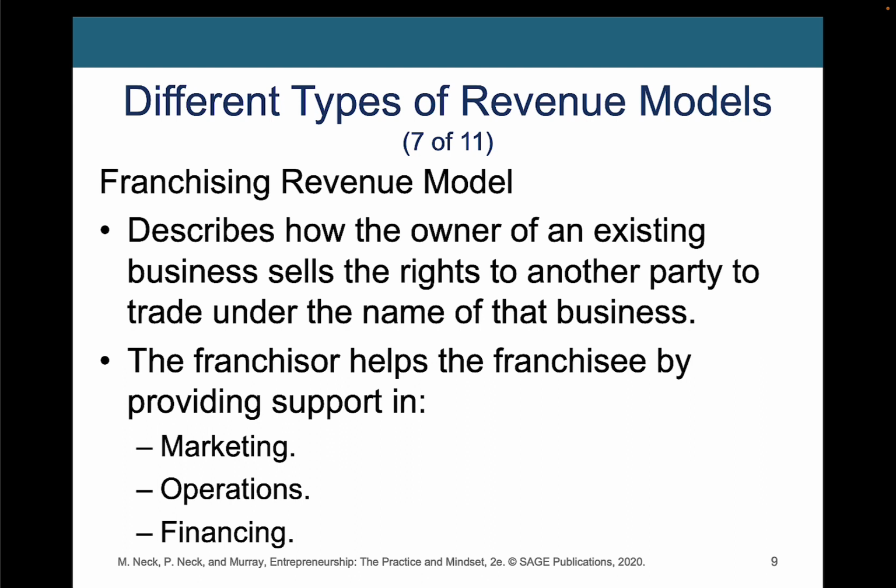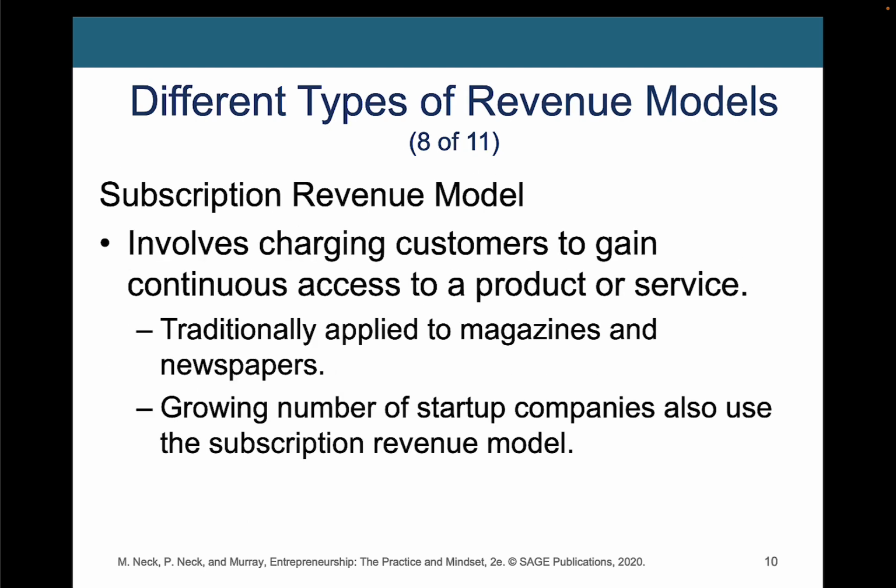The franchisor helps the franchisee, providing support, marketing, operations, and financing to put up the storefront. And of course, you would have to pay an annual fee, or however their fees go, and you have to follow their guidelines. So you can create a business and then franchise it if you wanted to. That's another way of making money.